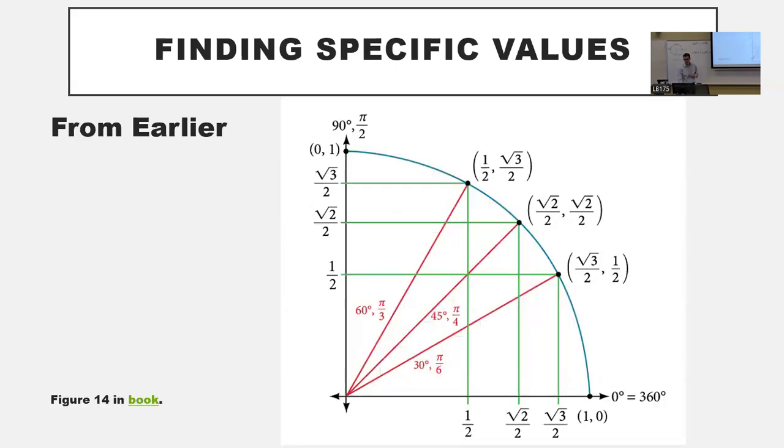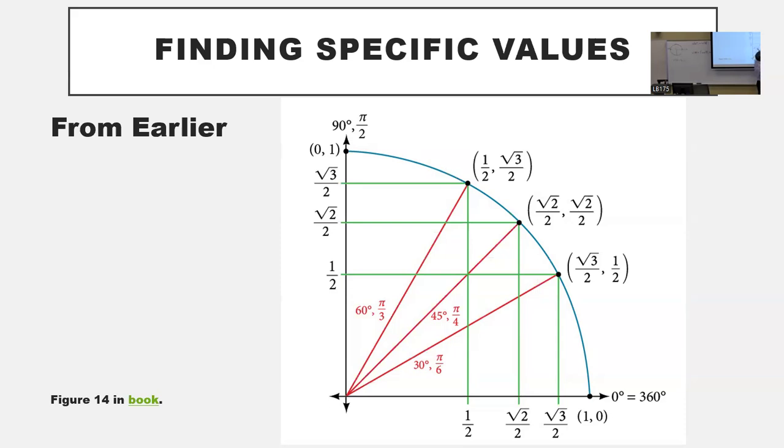Okay. So if we look at our wrapping functions from earlier, and I focus in on that first quadrant, if I did cosine of 60 degrees, I should get 1/2.